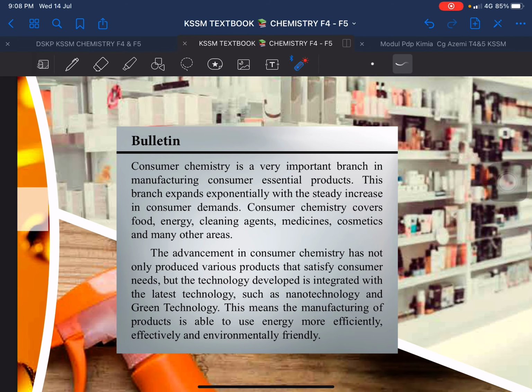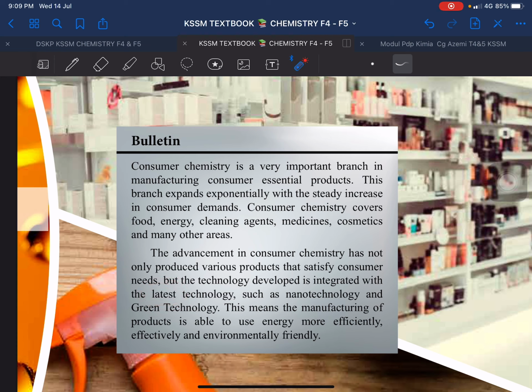So, apa yang kamu akan belajar adalah ini. Okay? How you use chemistry in industry. Industri apa? Pemakanan, tenaga, pembersihan, medicine, kosmetik, dan banyak lagi. So nowadays sangat advance sudahlah, because not only the technology yang kena develop, dia guna teknologi yang lebih tinggi lagi, latest lagi.